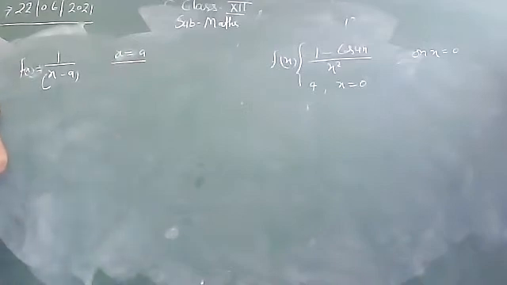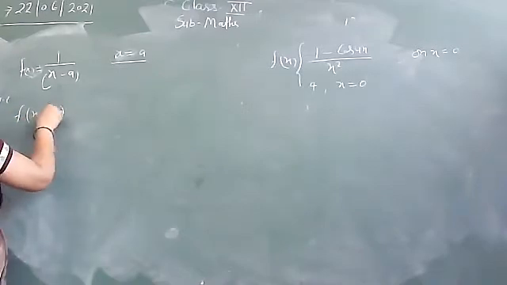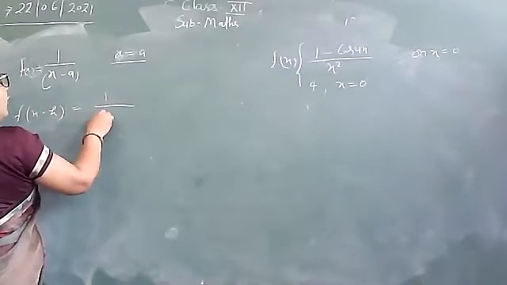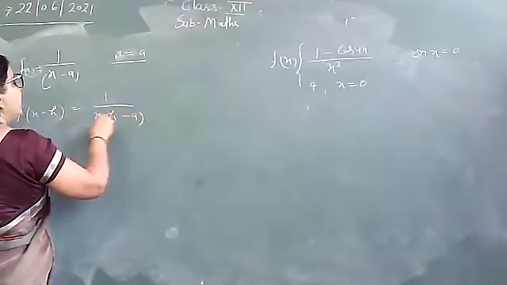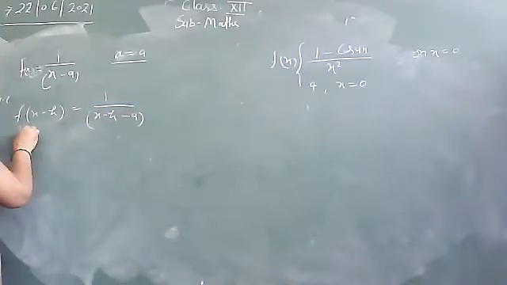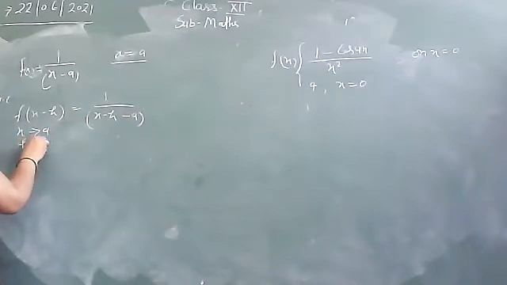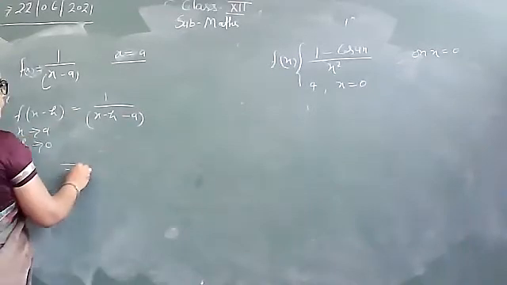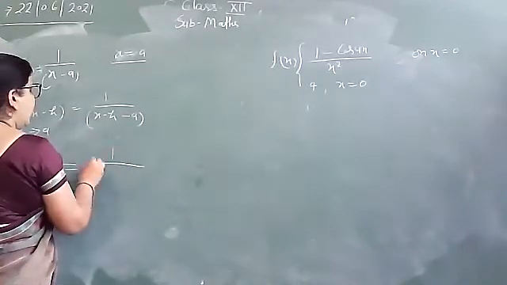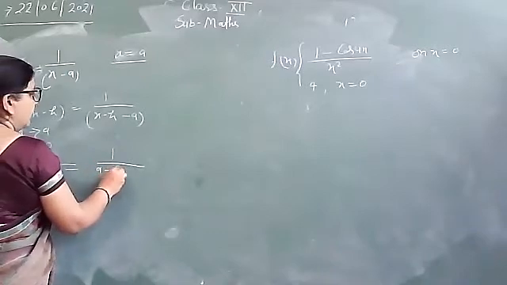So I use first LHS, f(x minus h) equal to 1 upon x minus h minus a. Here we use x tends to a and h tends to 0. Now we put the value a minus h.